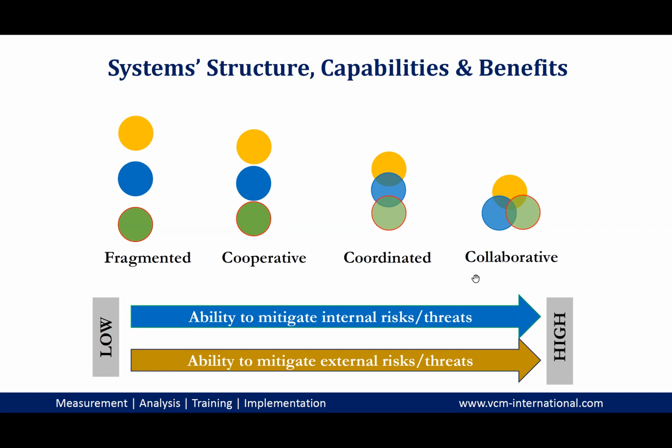That being the possibility of a PFA or other type of undesirable chemical getting into the packaging or the product itself, as well as the ability to mitigate external risks and threats. And as we can see in today's business environment, that's becoming an increasingly important determinant of long-term success.